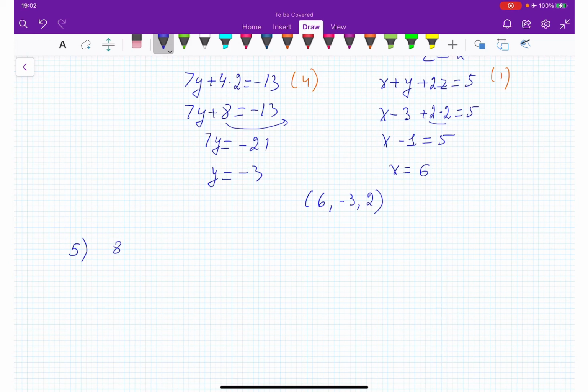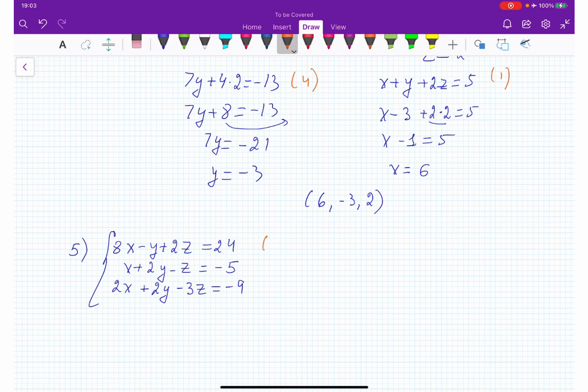Okay, 8x minus y plus 2z is equal to 24. x plus 2y minus z is equal to negative 5. 2x plus 2y minus 3z is equal to negative 9.